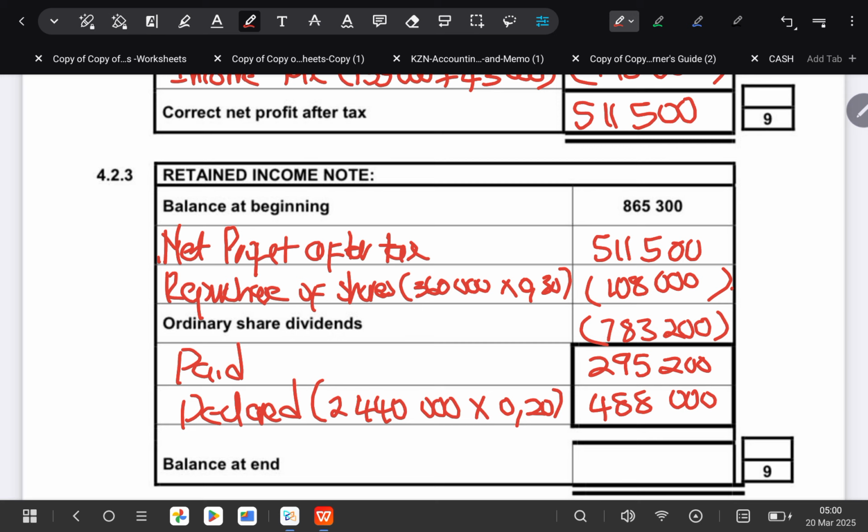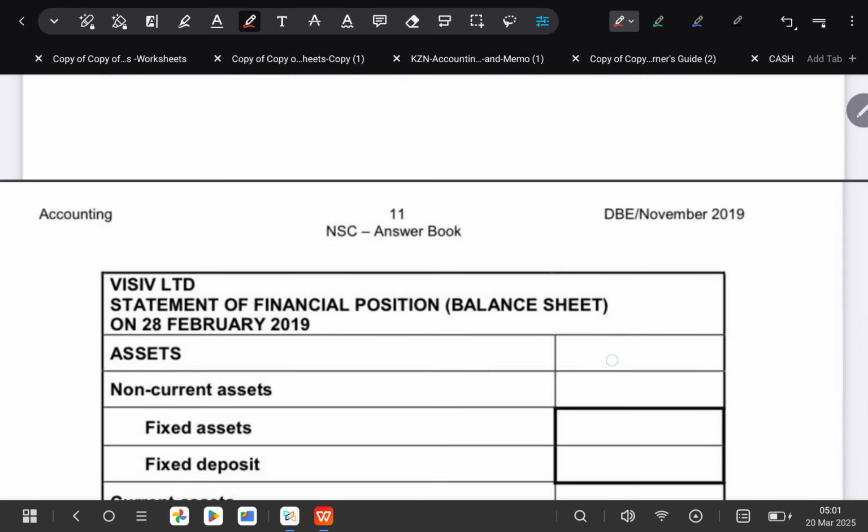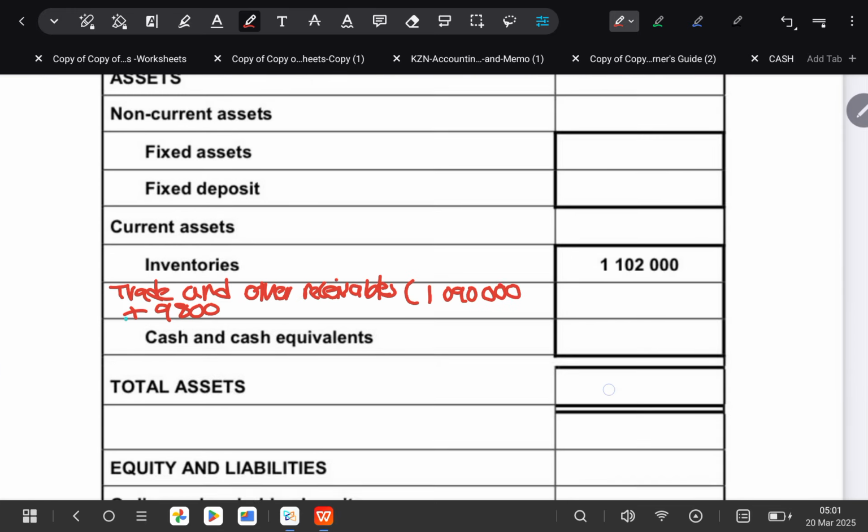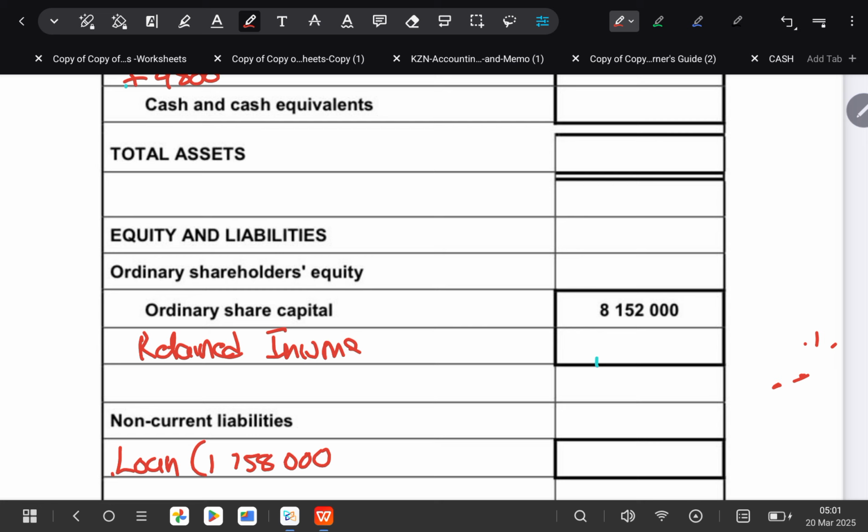So we're going to say 865,300 plus 511,500, and you subtract 108,000, and then you also subtract 783,200. It's going to give you 485,600. So this 485,600, you take it here to your ordinary retained income.